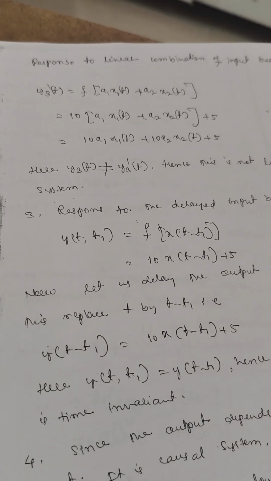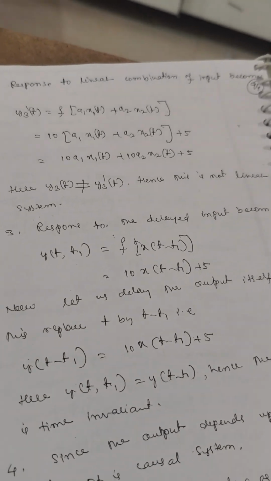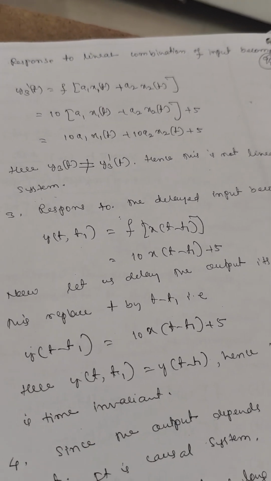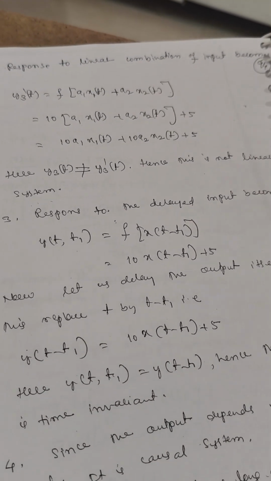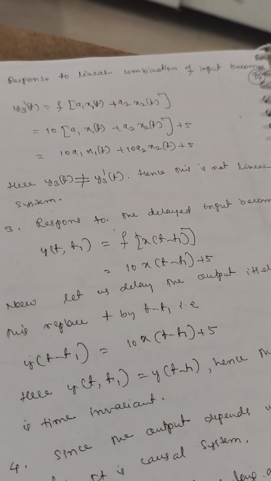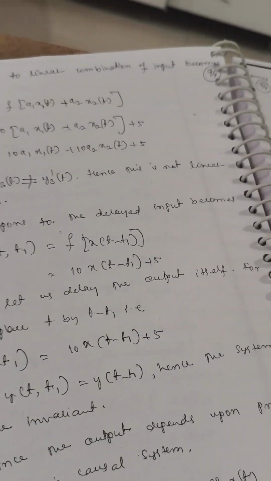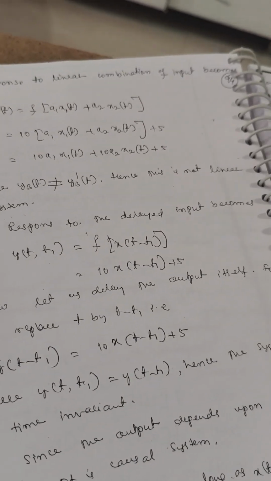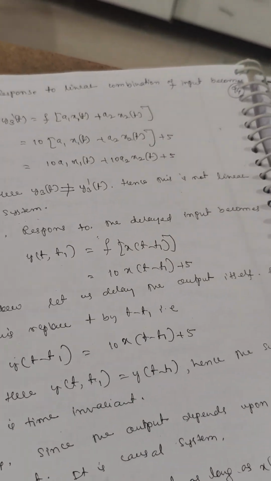I already told you to get a xerox of the printout of these notes, which are given at the xerox center. Please collect and refer to it, so that here I may discuss one or two problems, but in the notes I have solved more than 10 problems related to the properties of a continuous time system.